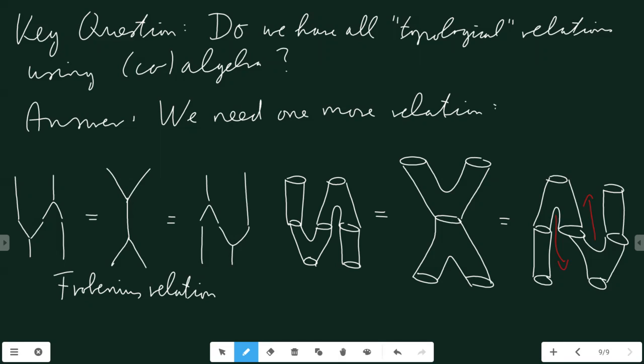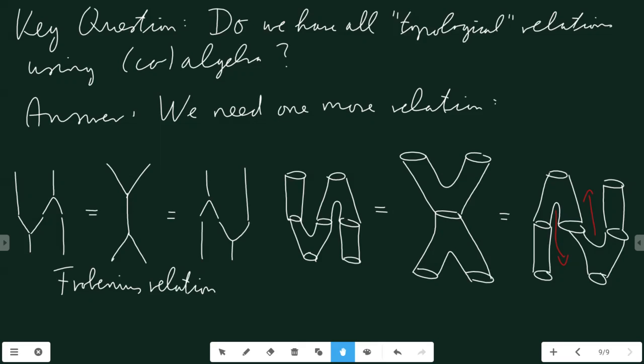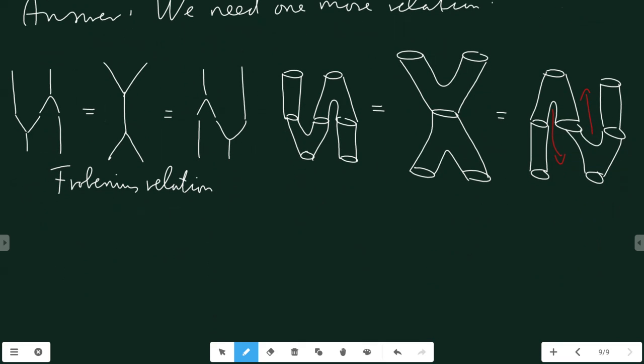Okay, and that leads to the notion of a Frobenius algebra. So a Frobenius algebra is just an algebra which has a completely topological diagrammatic description, meaning it's an algebra and a co-algebra satisfying the Frobenius relations.